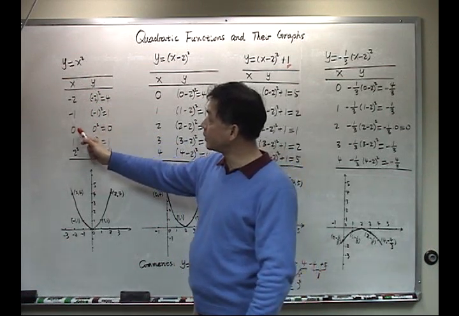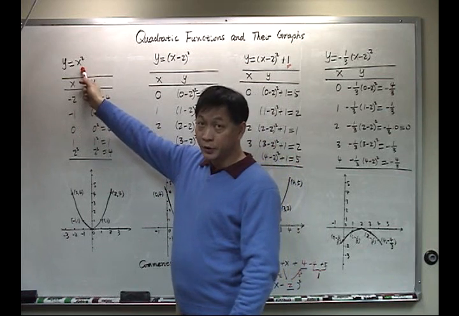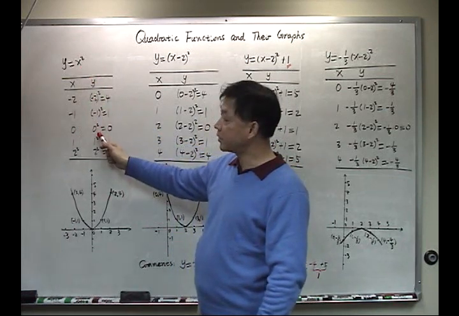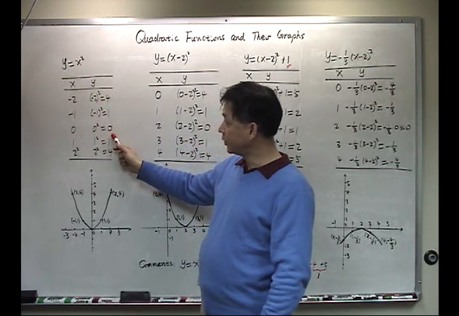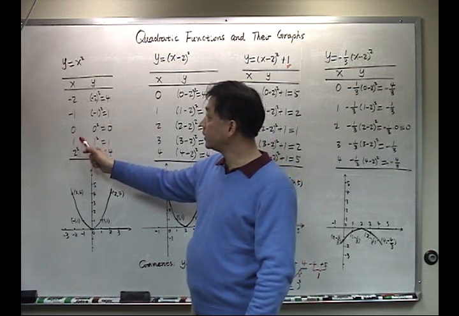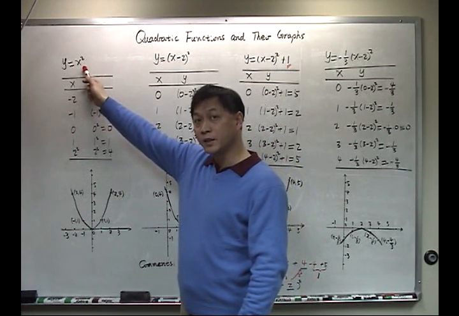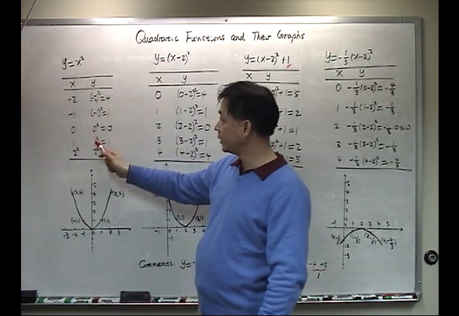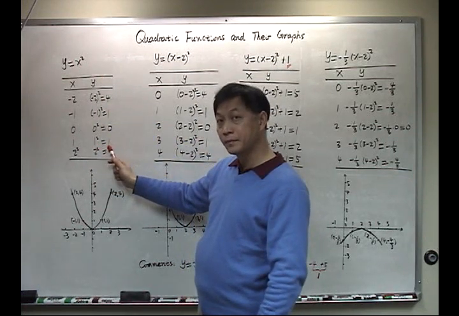If you plug in 0 here, 0 squared is 0 times 0, which is 0. You plug in 1 here, 1 squared is 1 times 1, which is 1.